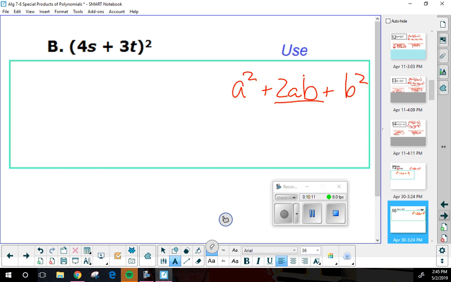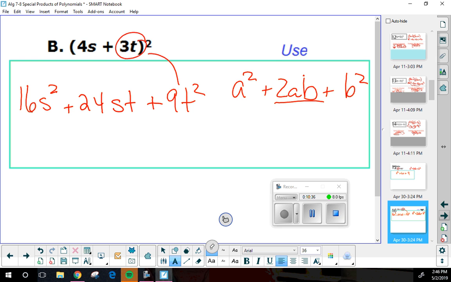What's the first term, 4s squared? 16s squared. I like to do the last one next because these are the easy ones. What is 3t squared? 9t squared. And then what's 4 times 3 times 2? 24st.